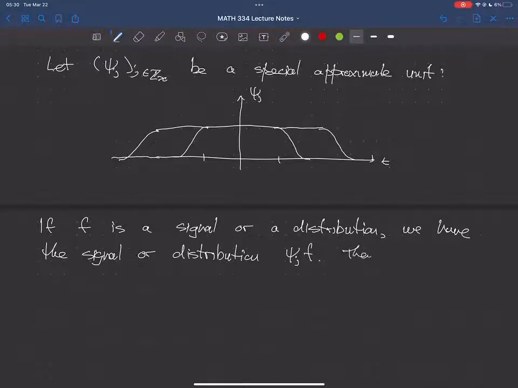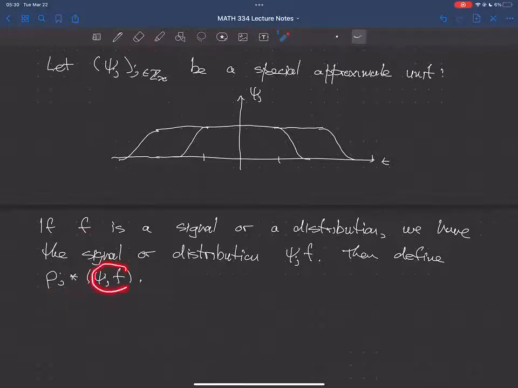Then define rho j convolved with psi j f. Now notice that if f is locally integrable, which is the biggest class of signals that we could talk about, then this convolution will always exist.